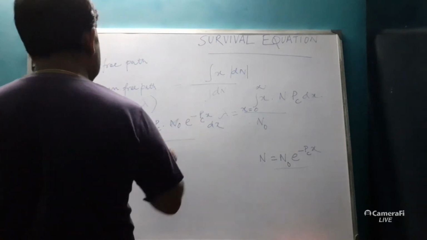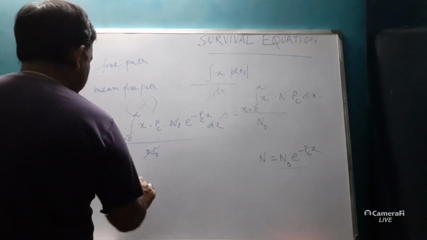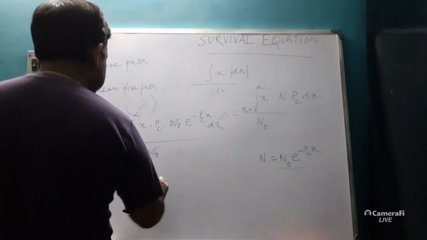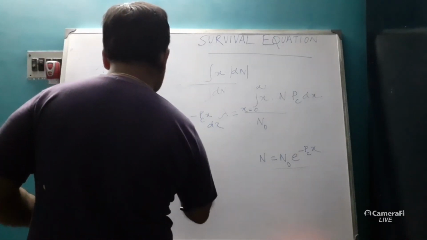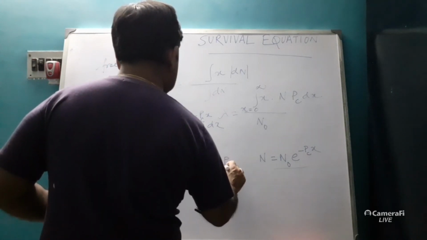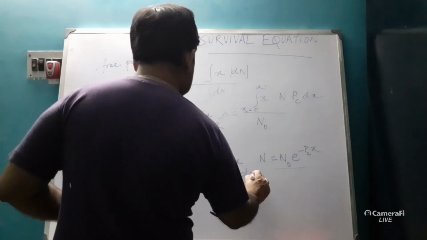So n0 gets cancelled out, and we have lambda is equals to pc into integration 0 to infinity x e to the power minus pc x dx.